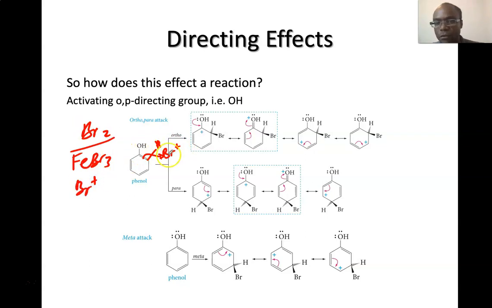If you do ortho bromination, the bromine ends up on the second carbon, and the plus sign ends up where the electron donating group is. I told you OH is a strong electron donating group because the oxygen has a lone pair that can be donated by resonance, right? So here at least you see a plus sign on a carbon attached to the same carbon as the electron donating group.